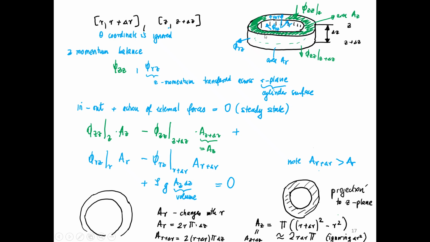Okay, so when we balanced and we looked at all of the areas and we summed up all of the momentum that enters and leaves this little shell, and gravity can change momentum within as well, so we take that into account.